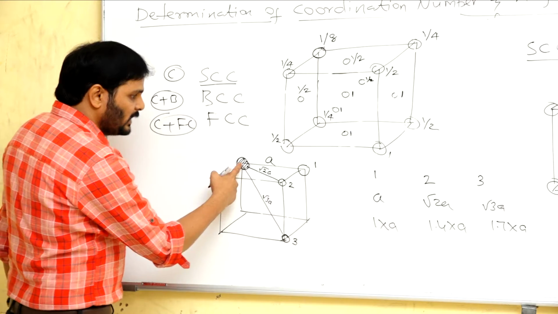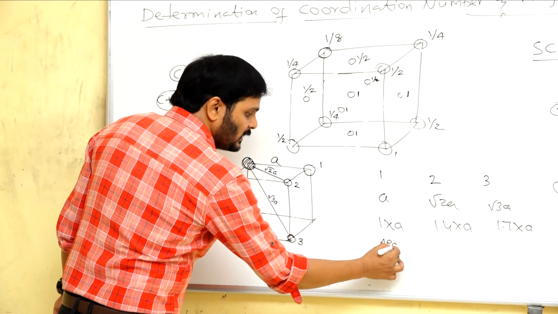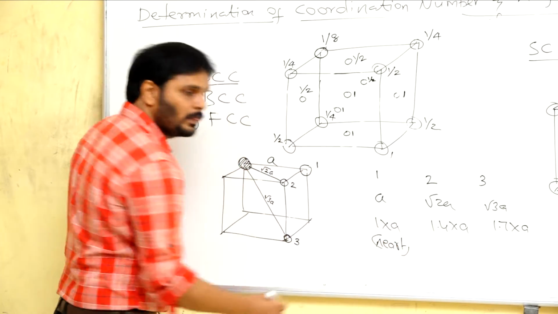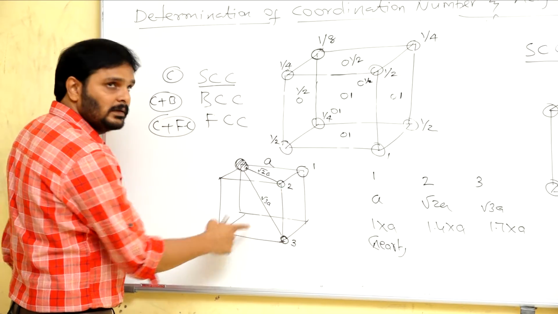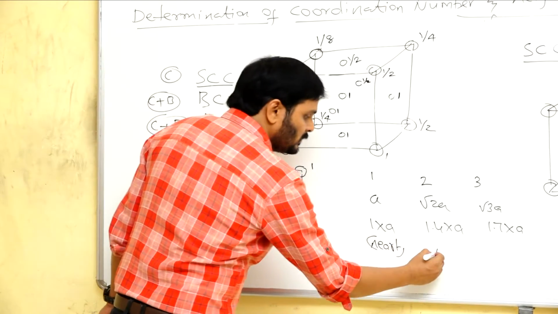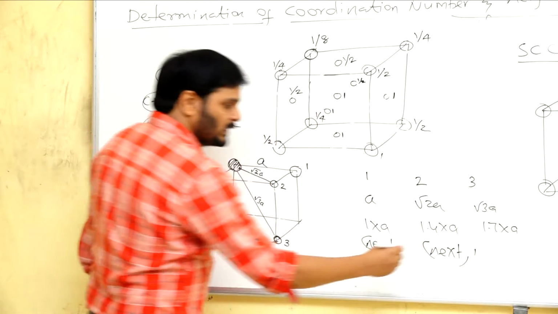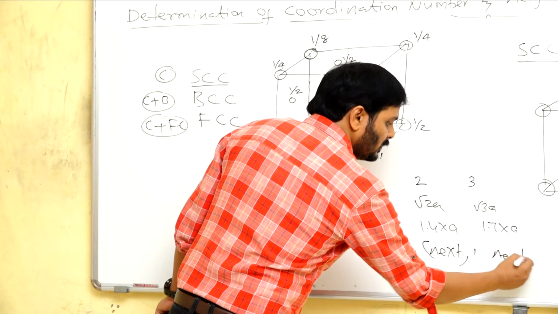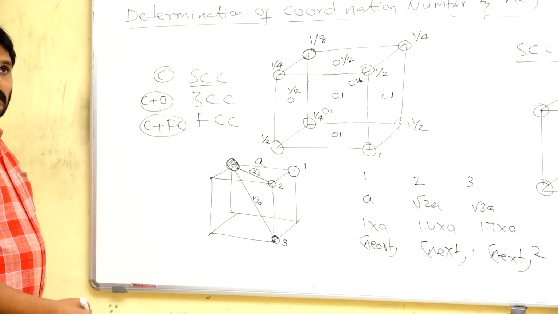So this atom is very near. I can say this is the nearest atom. Then this is the next to nearest atom, and this is the next to next to nearest atom.